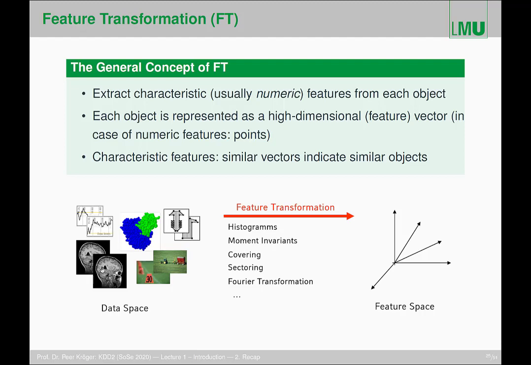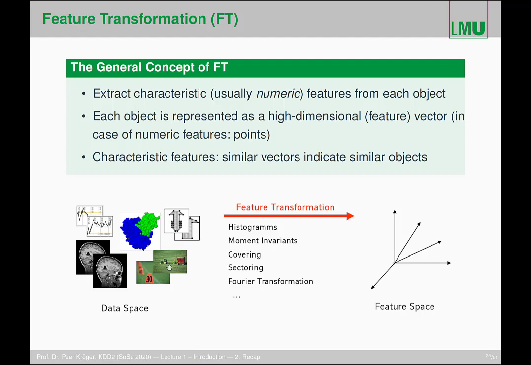So here are some examples that may work or may not work for feature transformations for different complex objects like images, CT images, time series, 3D objects, maybe some construction paintings and stuff like that. So you can, for example, use color histograms for images. What is that?